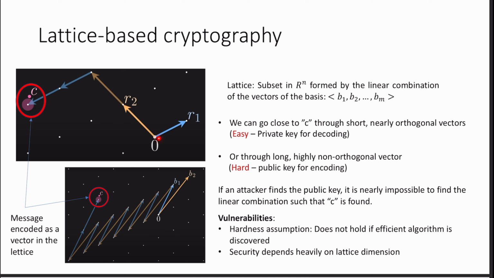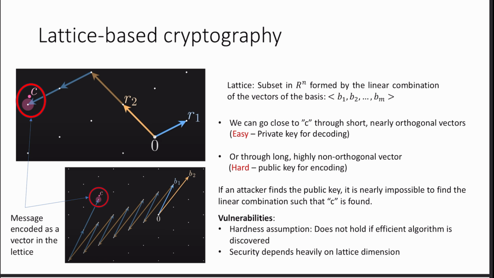Because as we can see here, if we manage to encode a message as a vector in the lattice, and that's what we have here, getting to that message as a linear combination of these two vectors would be very easy. While if we have some long, highly non-orthogonal vectors, just like these two vectors that we have here, getting to that message is going to be harder.